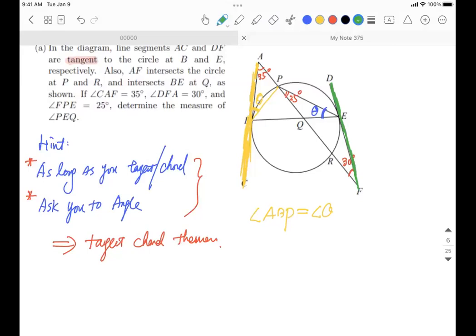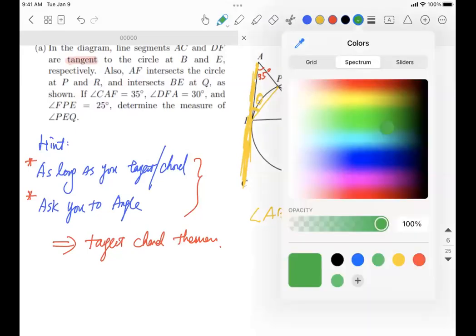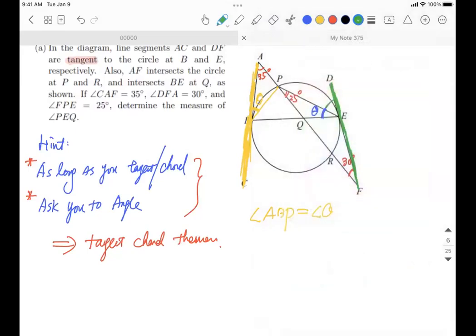Who can tell me? Can I focus on this angle? Is this a tangent chord angle? The green one. It is, right? The green one is a tangent chord angle.